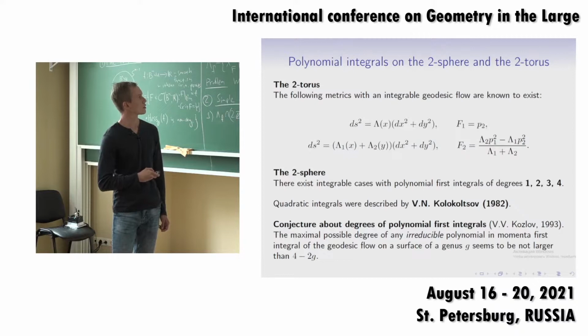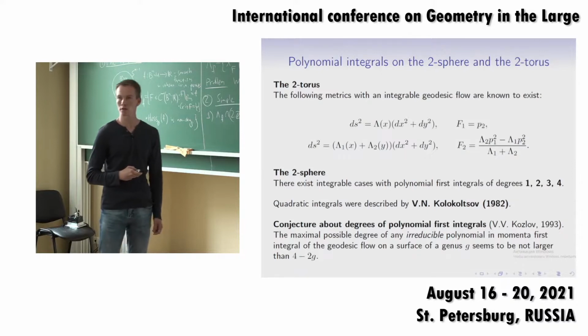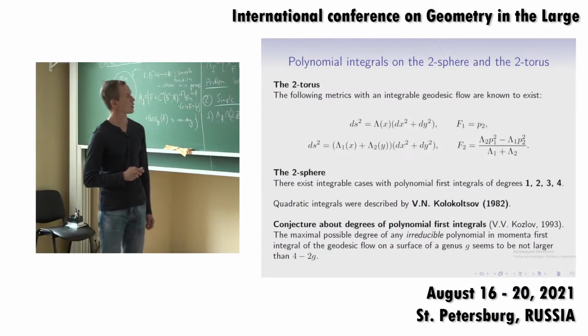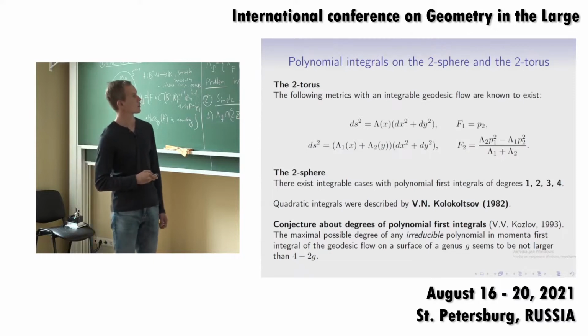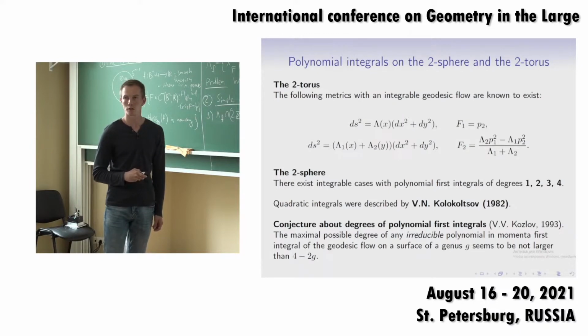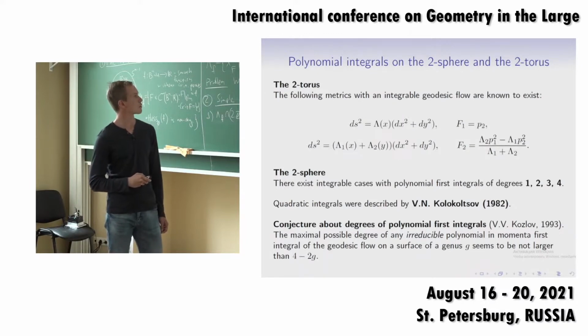In the first example, the metric depends only on one variable, and then a linear first integral exists. The second case corresponds to Liouville metrics, when one can separate the variables. In this case, a quadratic integral exists, and equations of motion can be integrated in quadratures.